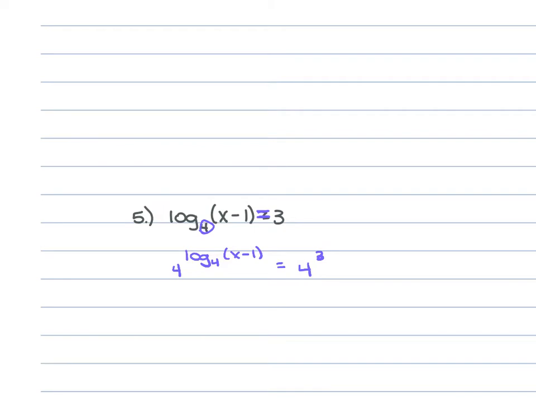So now that our base and our log have the same base, then we can cancel those out. We're going to do 4 to the third power, which is going to give us 64. So we're going to have x minus 1 is equal to 64. We add that 1 to both sides, and we get x is equal to 65.